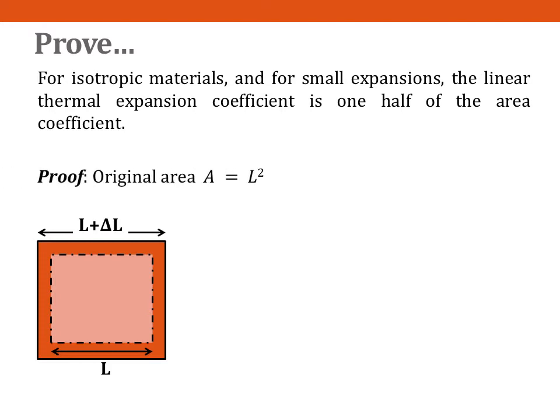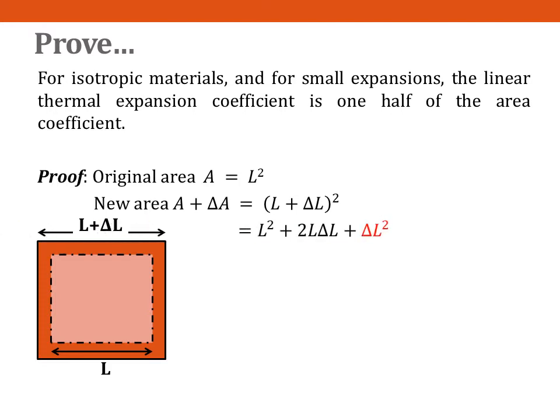The original area of the square, A, is given by L squared, and after thermal expansion the new area is denoted by A plus delta A. Since the length of this new square is L plus delta L, it becomes (L plus delta L) squared, and on expanding it we have L squared plus 2L delta L plus delta L squared.